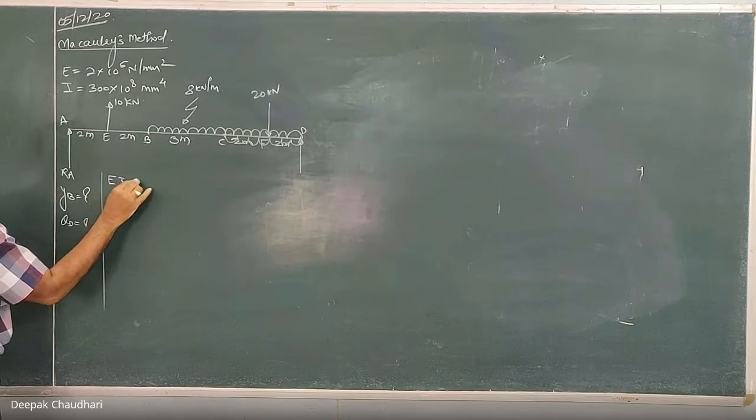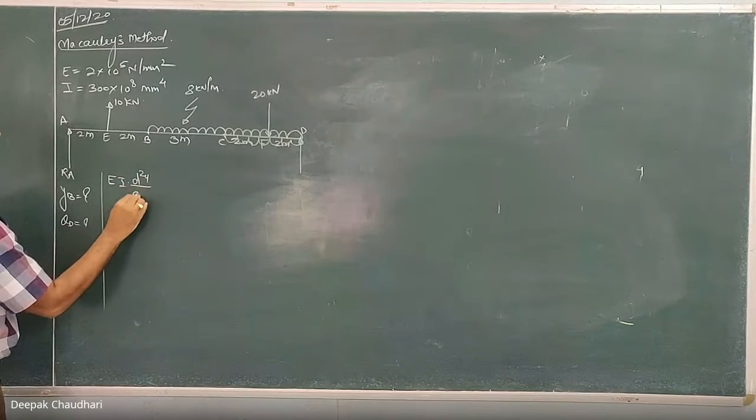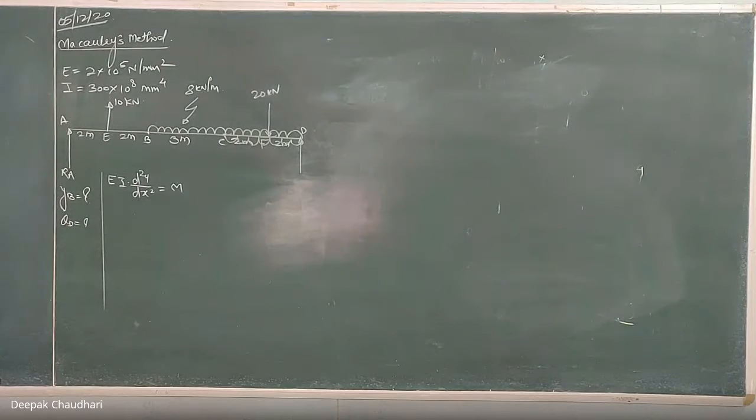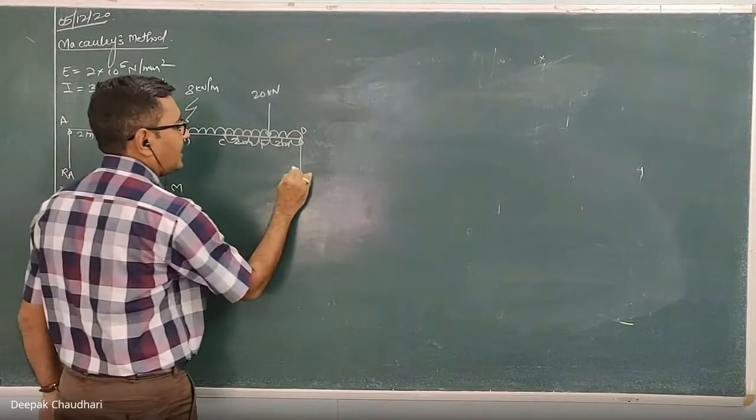It is EI into d square y upon dx square equal to M, the general differential equation of the deflection. But to write down the general equation of the bending moment, we have to calculate RA and RD in this case.